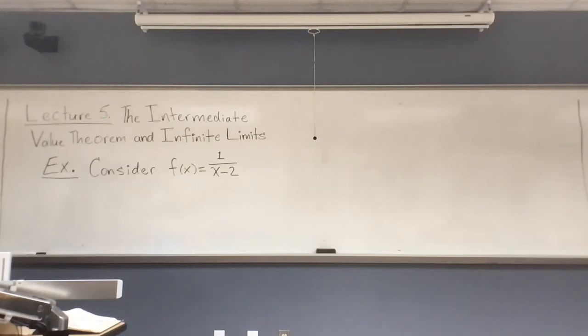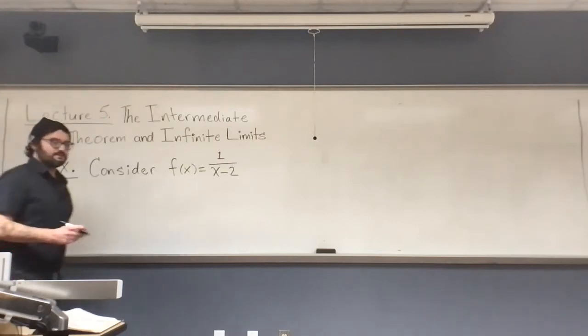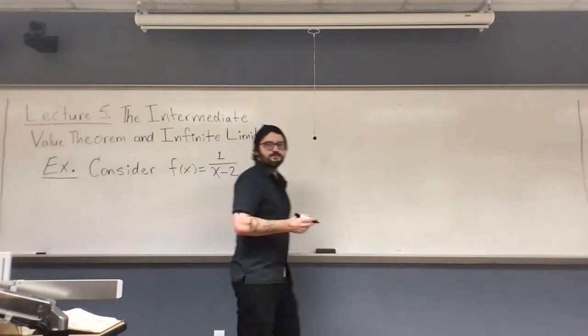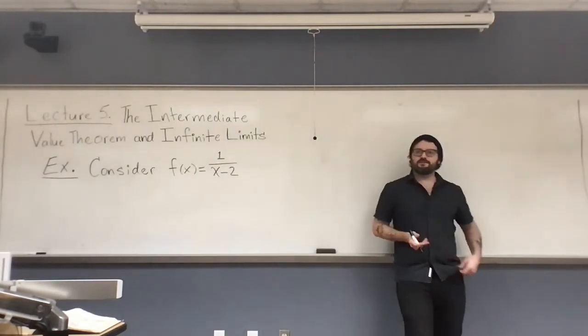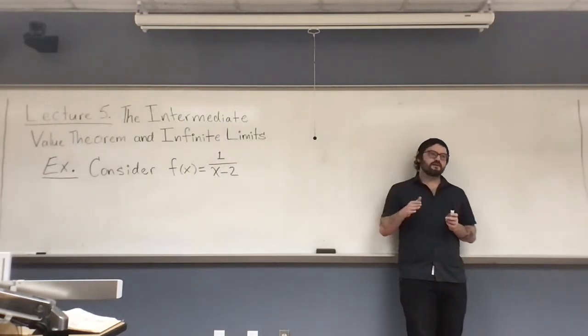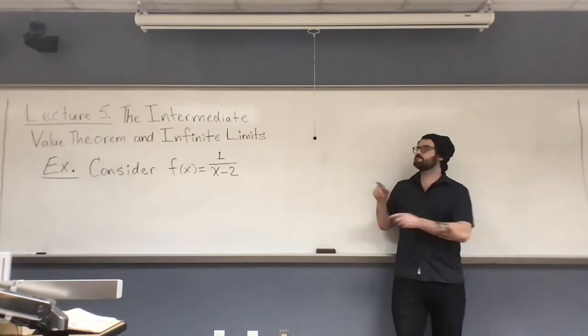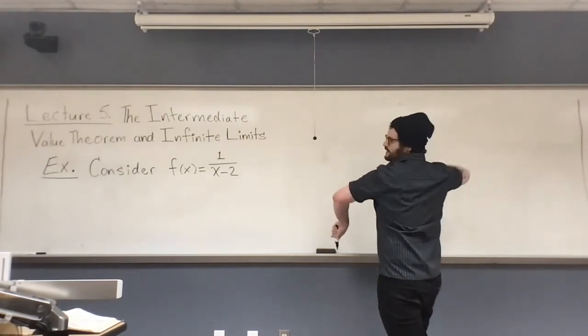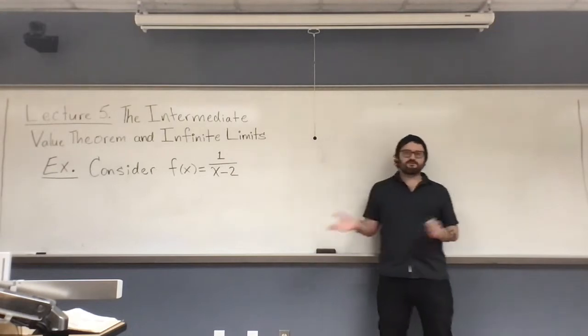Okay, so this function is not defined when x is equal to 2, right? And if you know your parent functions, if you know what 1 over x looks like, it's that thing shifted over by 2.